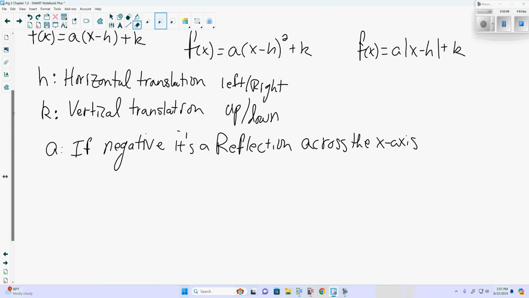Now the one thing we're going to add today is our vertical stretch and shrink. And how vertical stretch or shrink is applied to a function is also coming from a. So if a is greater than 1, then it is a vertical stretch.